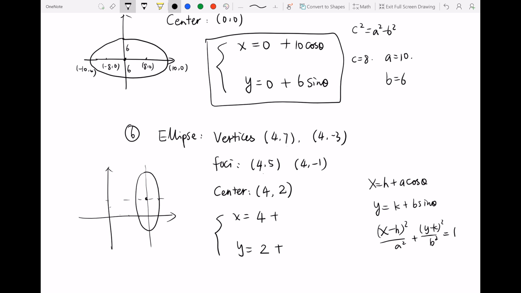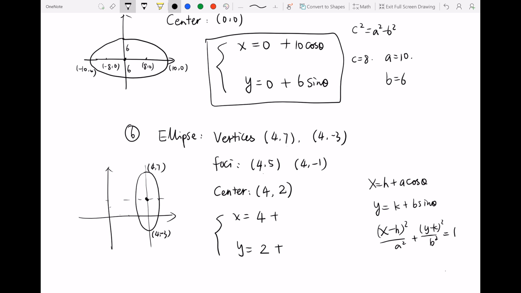So Jen, could you please tell me what is a? Oh wait, I can ask you what is b actually. Since the vertices are 4, 7 and 4, negative 3, the top is 4, 7.